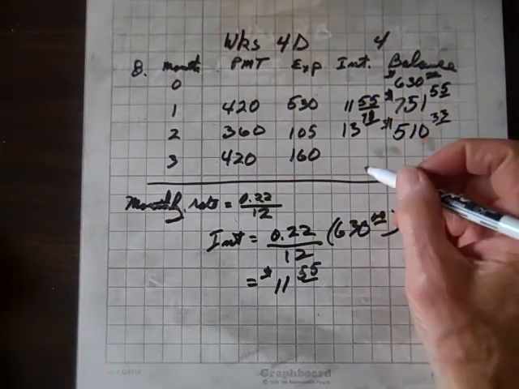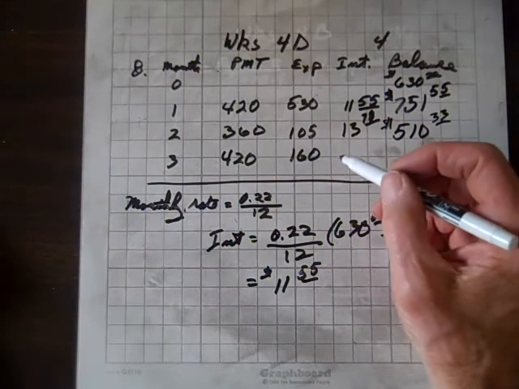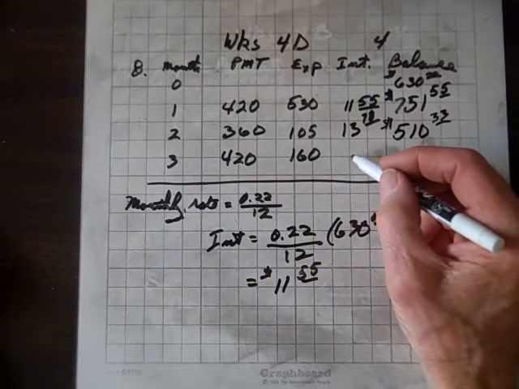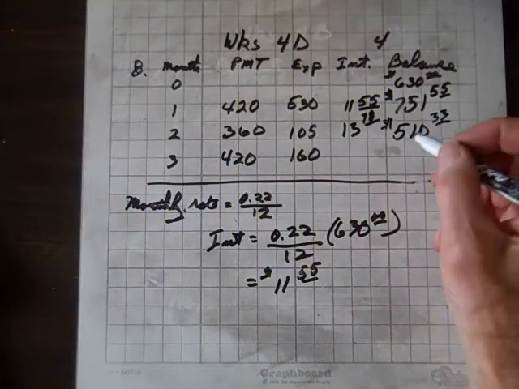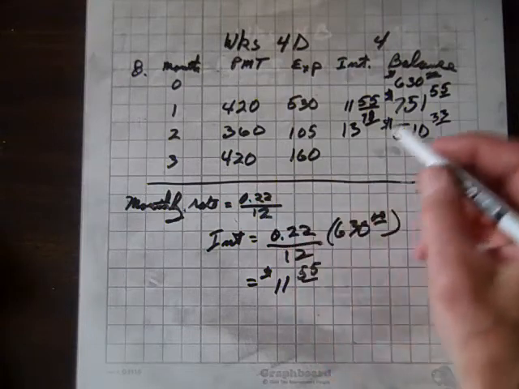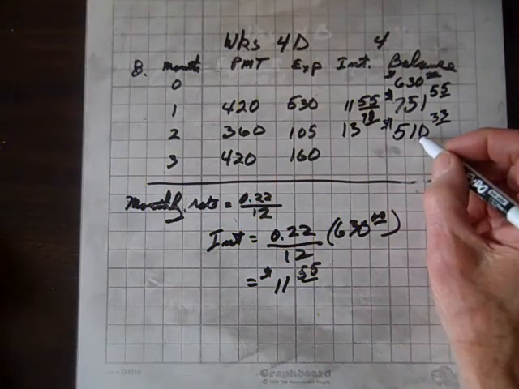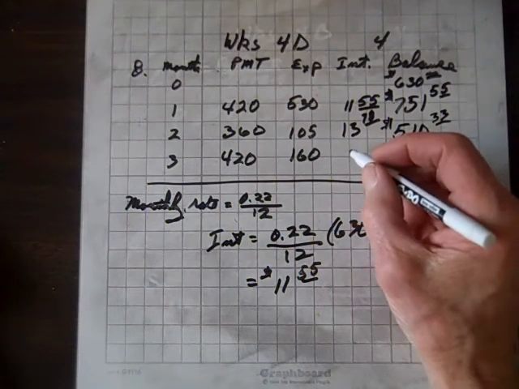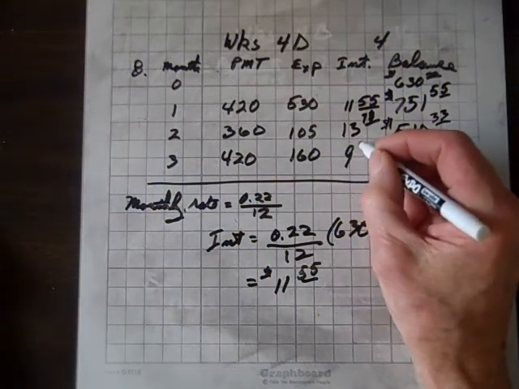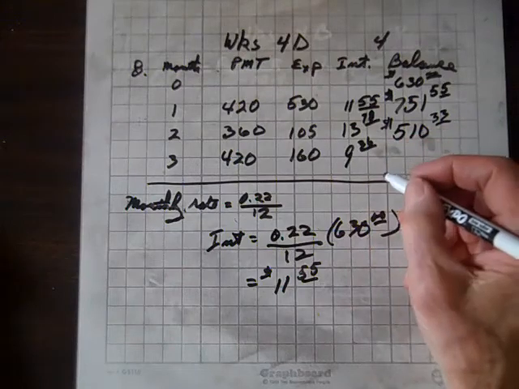Now this is a test question. You have to do this. Fill out a table. So now we have to find the interest for this blank. So to do that, we'll multiply our rate, 0.22 divided by 12 times $510.33, and what we get is $9.36.